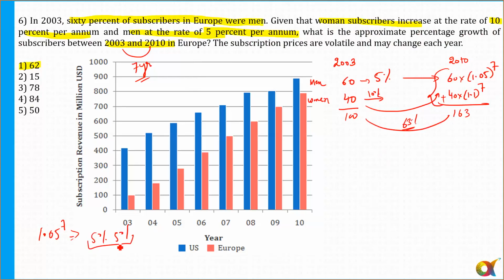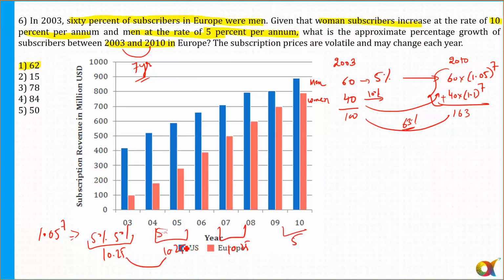So what will the 2 successive change of 5% be? You can do all the calculations in your mind. 5 plus 5 is 10, 5 square is 25, so that is equal to 10.25%. Again for the remaining 2 years also 10.25, and again 2 years also 10.25, 2 plus 2 plus 2 is 6, and then 5%. Now 10.25 plus 10.25 is 20.5, 10 square is 100, 100 by 100 is 1.